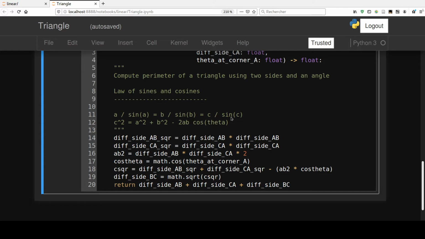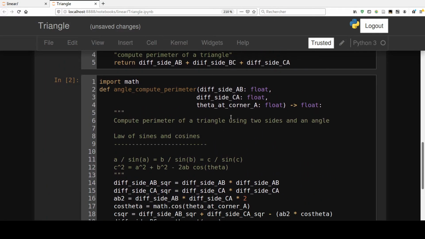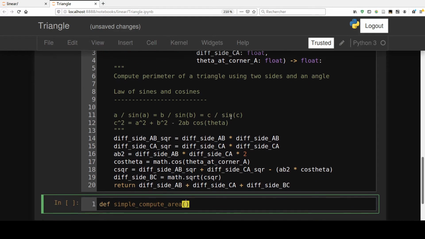Let's write a program to compute that, as usual. So let's call it def simple compute area triangle. Since the file is named triangle, probably we would assume that it computes the area of triangles at least, hopefully.